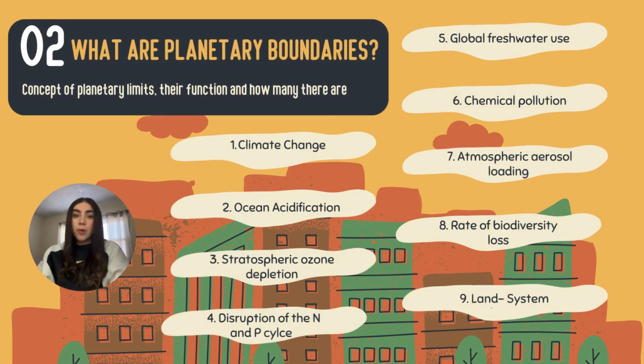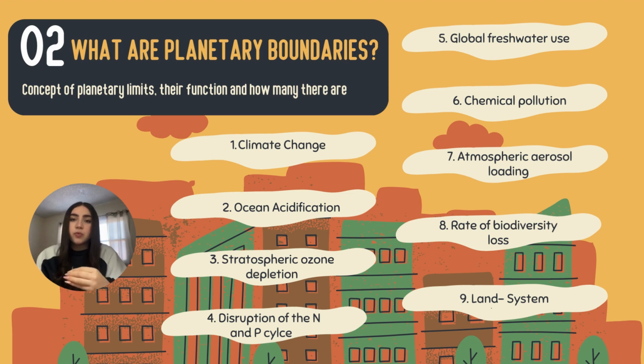This is the second part called What are planetary boundaries? After talking about this change, in 2009, a group of scientists from Stockholm University analyzed the relationship between humans and the environment and managed to perceive that we are in an era where it is necessary to achieve a transformative change if we don't want to deteriorate the environment.